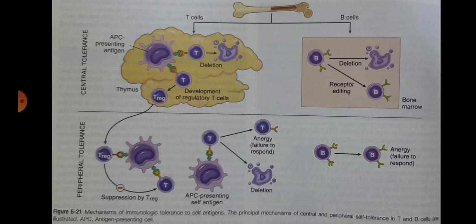Self-reactive B cells may also be deleted by FASL on T cells engaging FAS on the B cells.